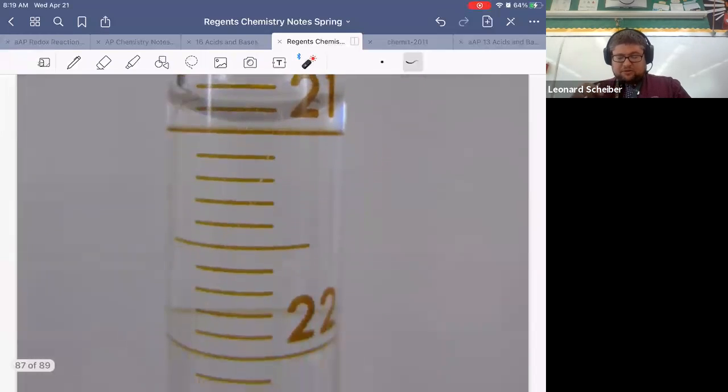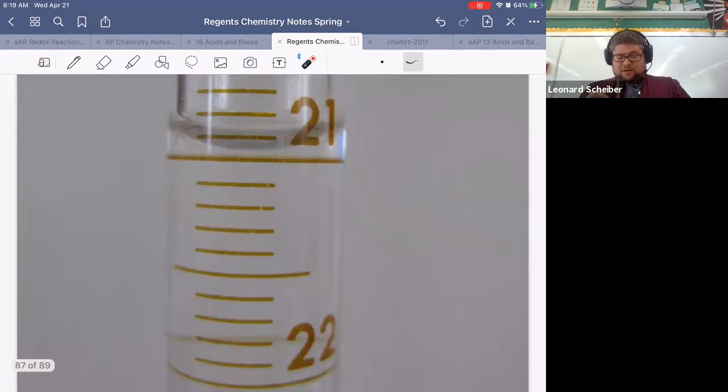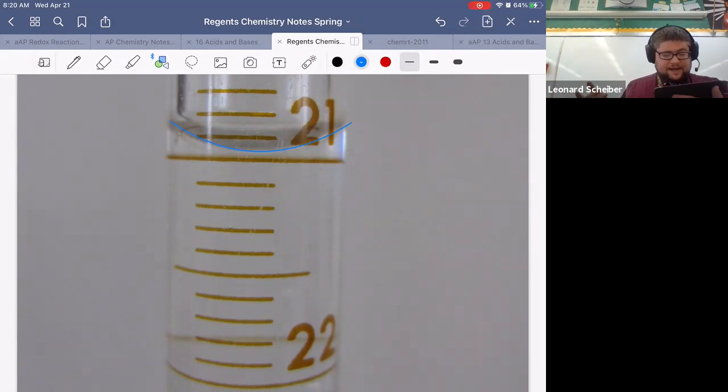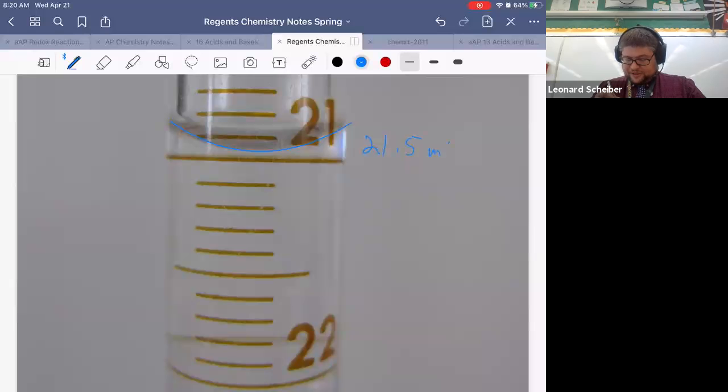So how do we read a burette? Well, this is the start mark, right? And that is about 21 milliliters, right? So let's say we start at 21.5 milliliters.